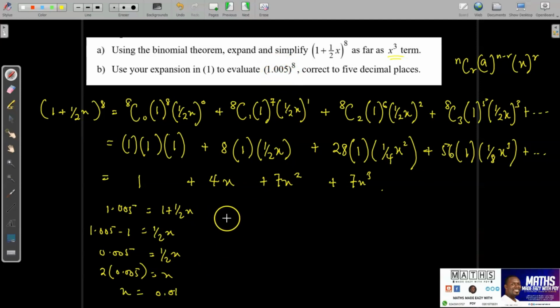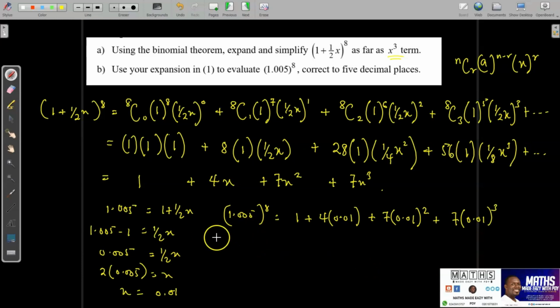Therefore, you can write your 1.005 all to the power 8 to be equal to 1 plus 4 into bracket 0.01, then plus 7 into bracket 0.01 all squared, plus 7 into bracket 0.01 all cubed.